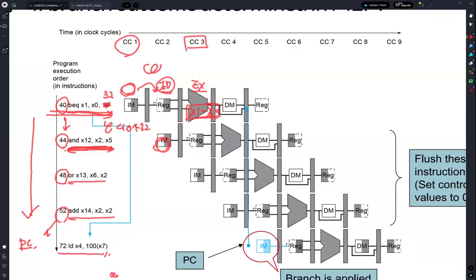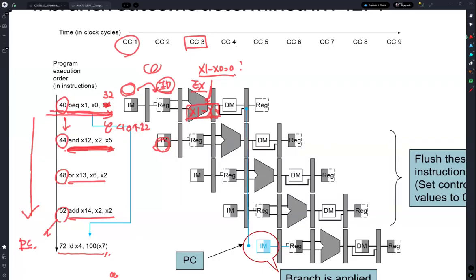At the end of this EX stage we can get the result of the branch instruction, but it's too late. If x1 minus x0 is 0, then the branch is true, but this condition is determined at the late timing of the execution stage.